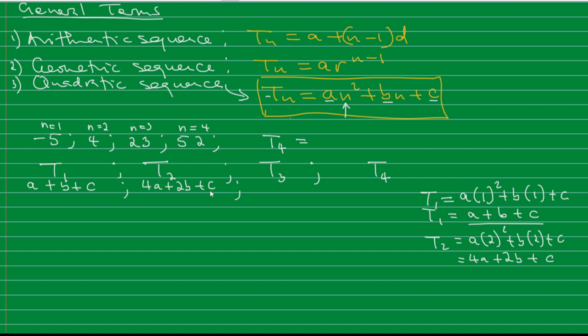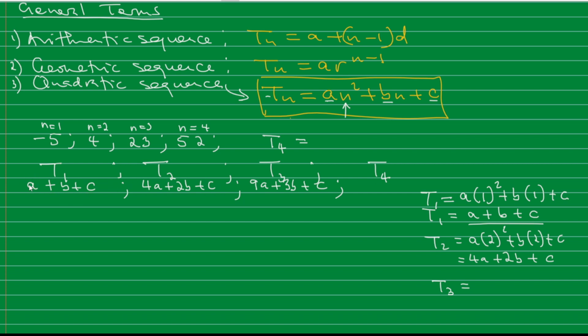Coming to the third term, T3, the term at position 3, in general it will be a times 3 squared, so that is 9a, plus 3 times b, that is 3b, plus c. And for the fourth term, you can see a pattern here.